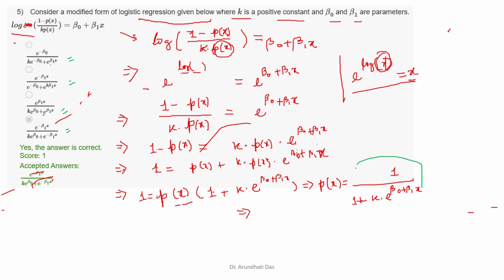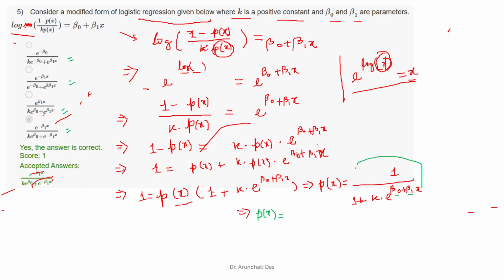So I need to have some e power term on the numerator, e power b1x, something like that. So how can I improve it further? By dividing p of x on both the numerator and denominator. On the denominator I have e to the power b naught plus b1 x, right?